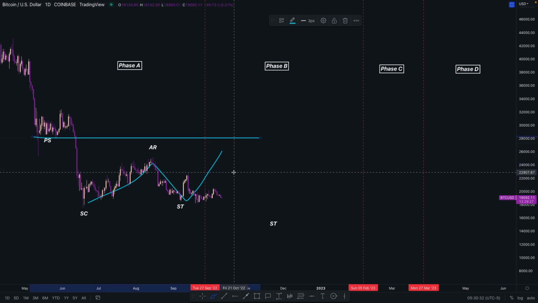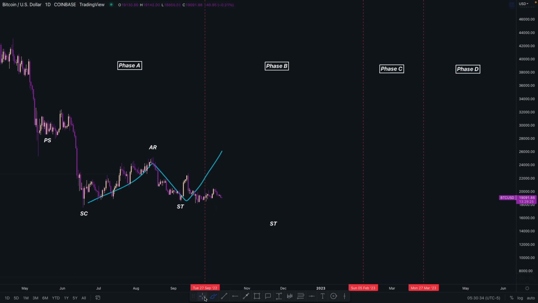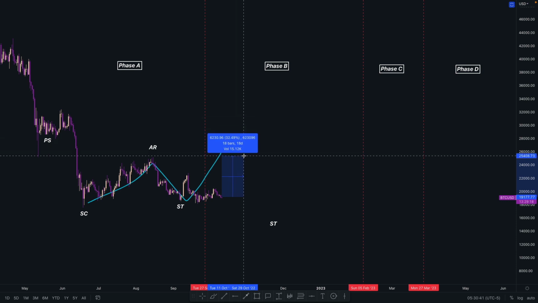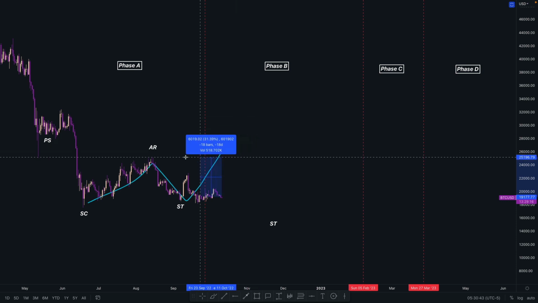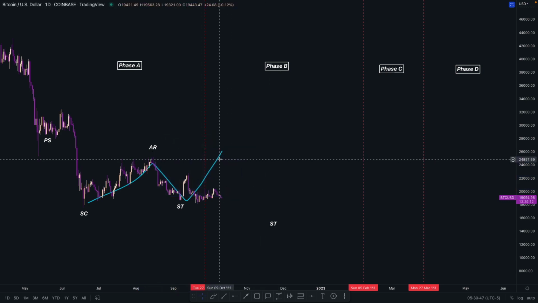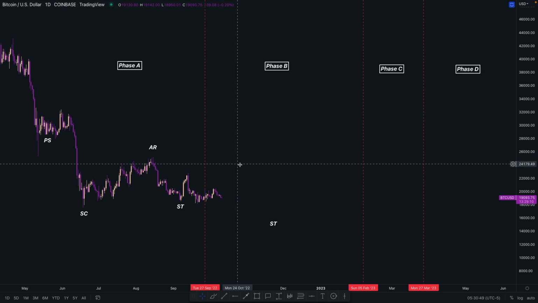So does Bitcoin have the chance to possibly move up from this point to 28,000, 46%? Very unlikely, but if it does break above this high right around here, that's only 30%. So possibility, again, very unlikely, but if this is following the schematic, you do need a move that does influence and kind of trick a lot of retail traders into thinking that, hey, we just had a 30% move in Bitcoin.